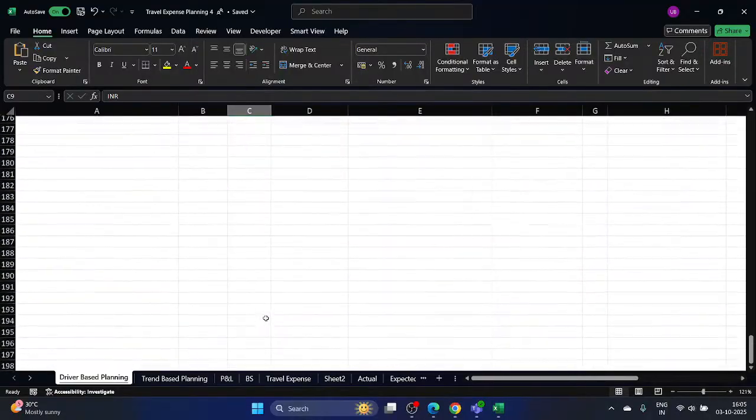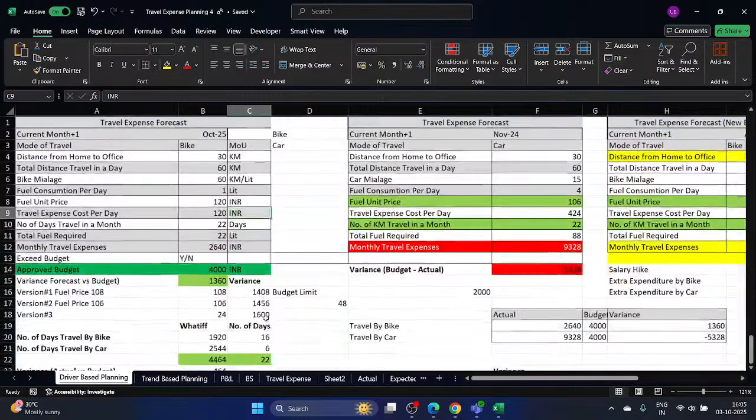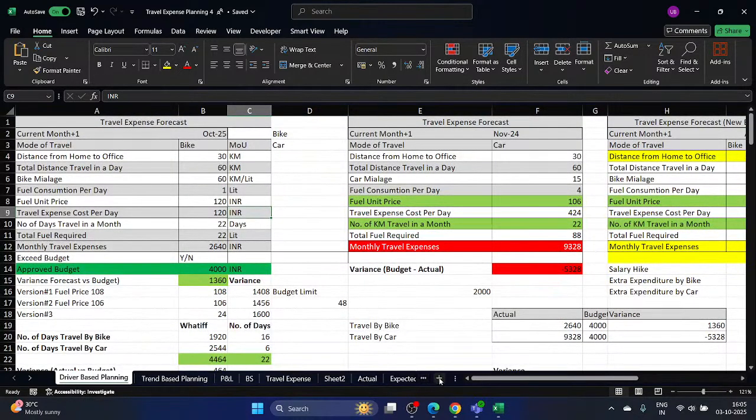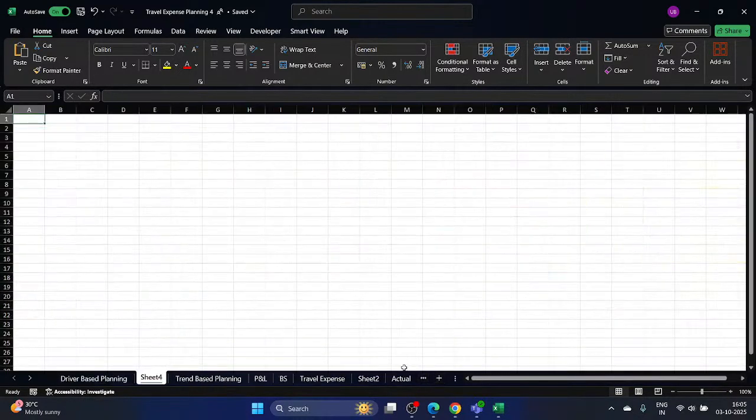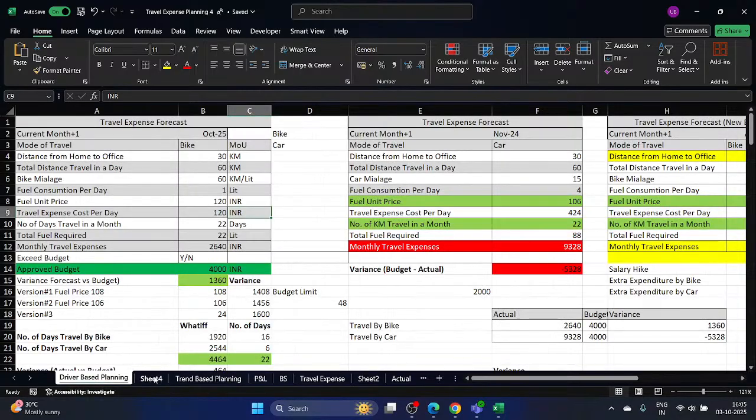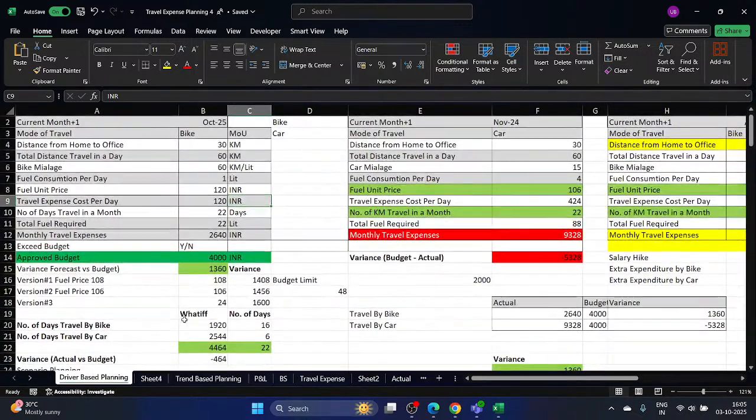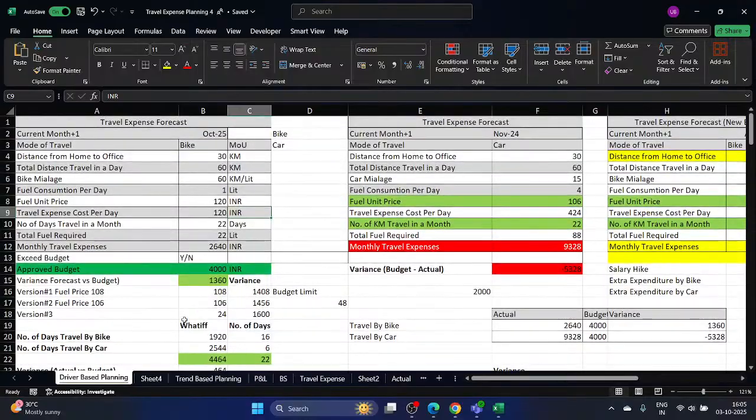Suppose here, I'm getting a new sheet for your easy explanation. Suppose here the travel expense forecast. For this we have to set up the formulas in our planning instance.